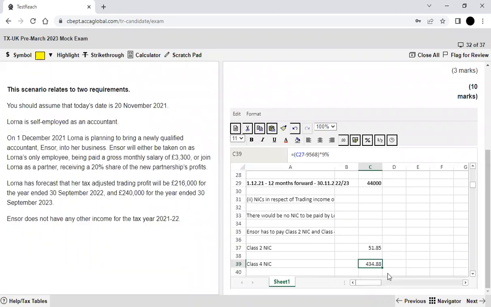That's correct. So I'm done with this requirement as well. Do let me know if anything in particular is not clear.